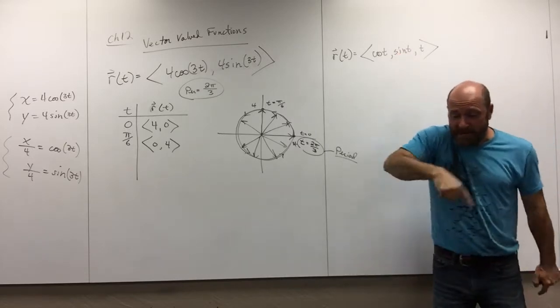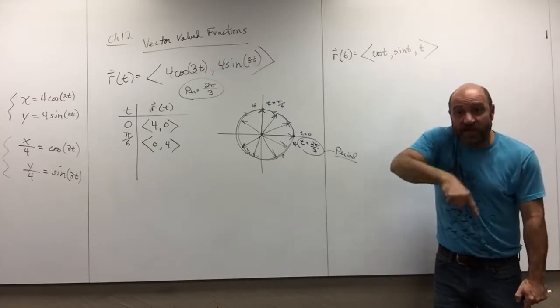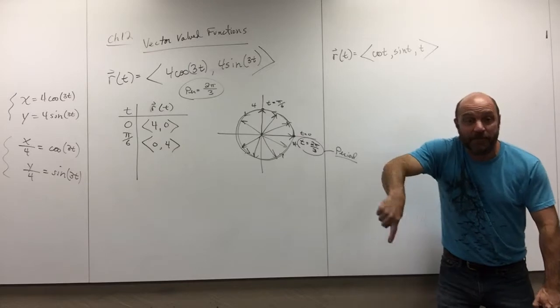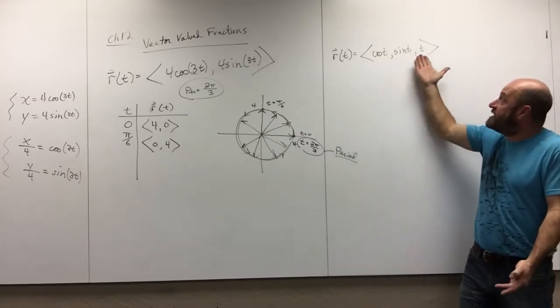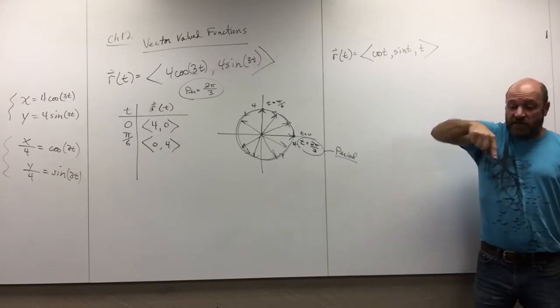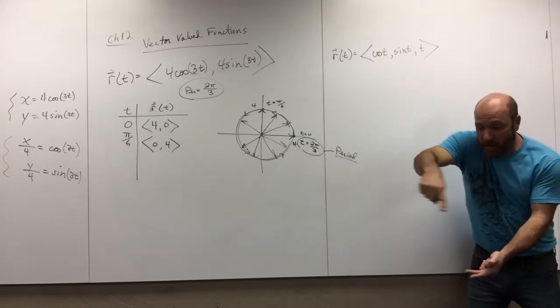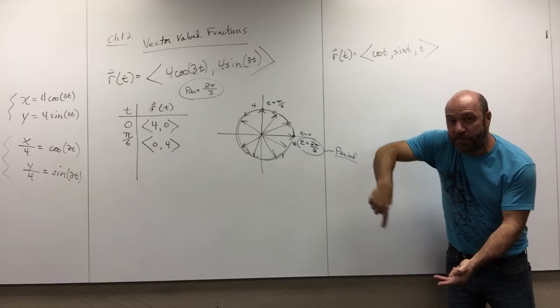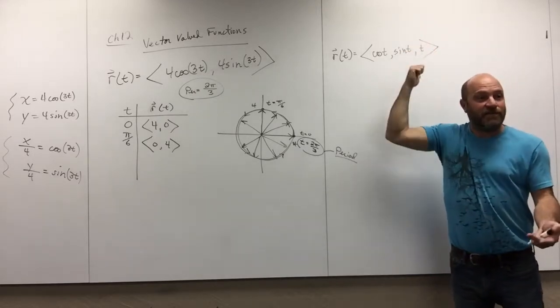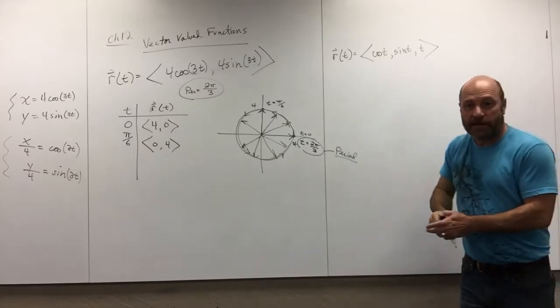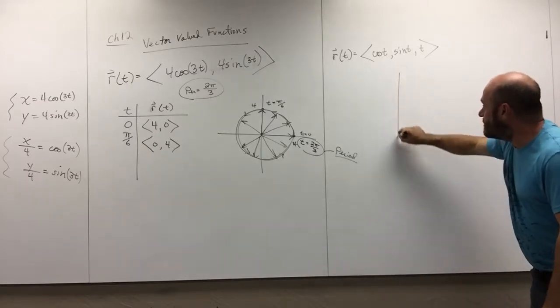But the whole time it's sitting there going around and around in the xy plane, what's z doing? As time goes on, what is z doing? It's growing. So I've got circular motion in the xy plane, and then this z is growing. This is your classic helix, and I can draw it fairly easily.